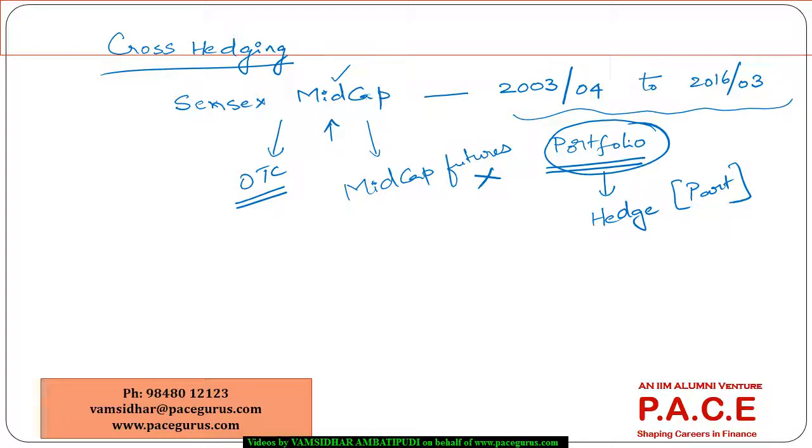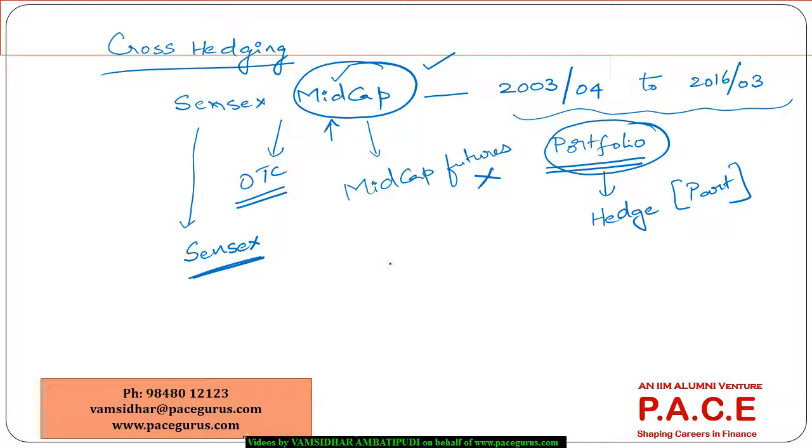So directly I don't have any instruments. So I am trying to look at a relatively traded contract, and for the time being, let's say I have narrowed down on using the Sensex to hedge this exposure. So the mid cap exposure, I want to hedge through the Sensex.